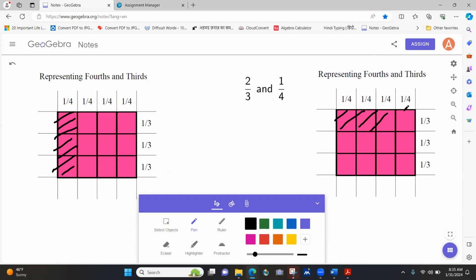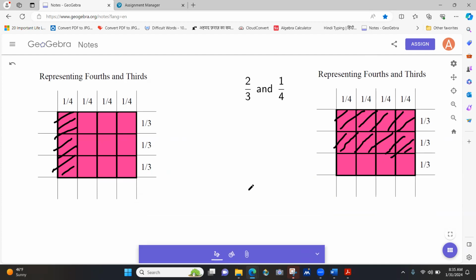And I really want to compare 2/3 to 1/4, so I have to do it 1/3 plus 1/3. That's 2/3, right? Now I can easily see that 2/3 is much bigger than 1/4. It's a good way to compare two unequal fractions that have different denominators.